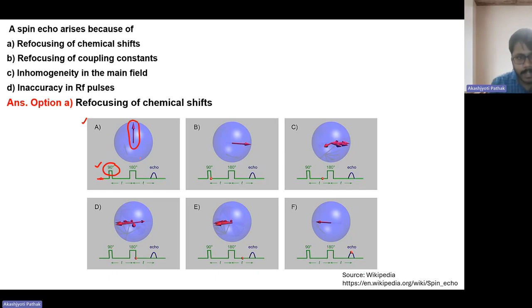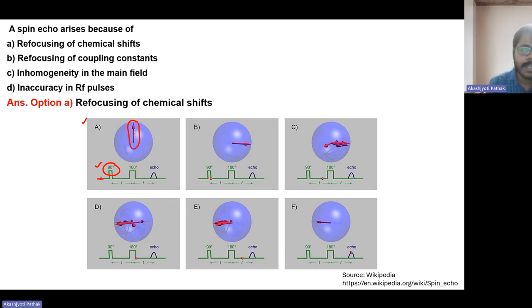Now in such a situation, I am applying a pulse. Why is this called a 90-degree pulse? Because this pulse will cause a 90-degree flip of the bulk magnetization.